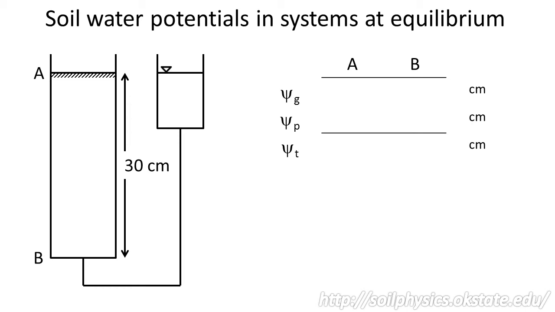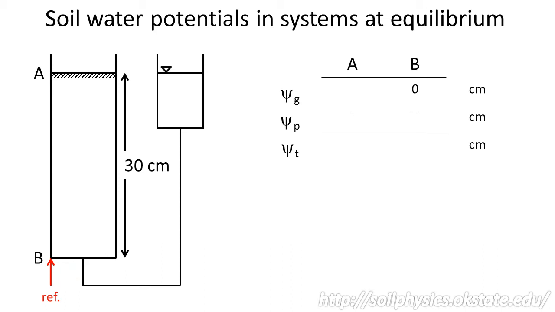We're almost ready to begin filling out our table, but before we can do that, there's one really important step we have to take care of: to specify a reference elevation. Here I've chosen to put the reference elevation at point B. This choice is arbitrary and is just made at the bottom for the sake of convenience.